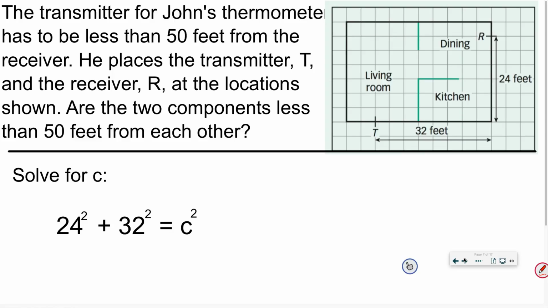Could you figure out what the distance would be between the transmitter and the receiver? It's 40.